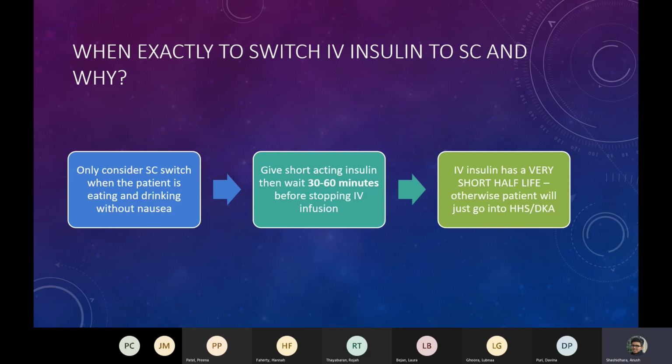I think it'll stop in like 2 minutes. So if you stop the IV insulin, they'll immediately start going into DKA or HHS. So you have to wait 30 to 60 minutes after you've given them their first hit of their short-acting insulin. Hopefully that makes sense as well.